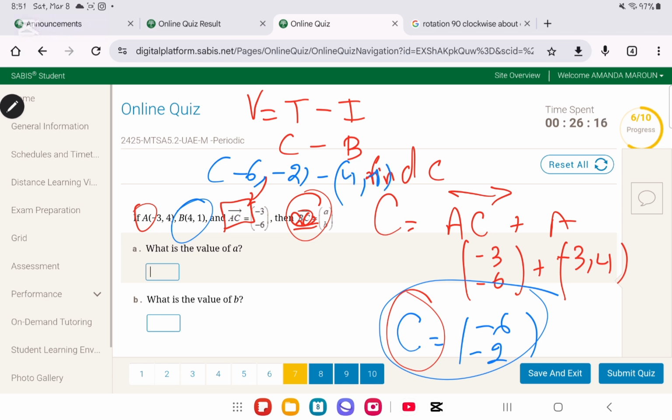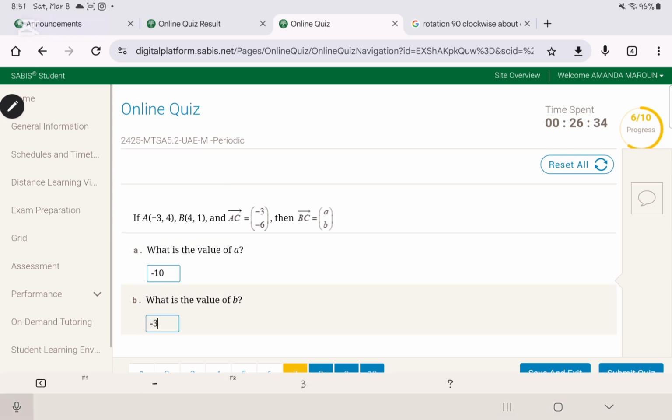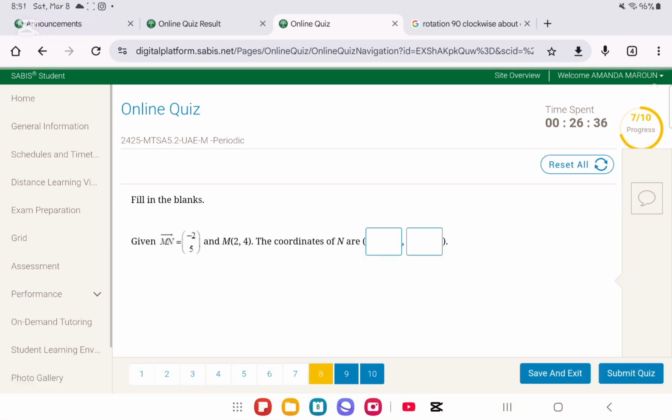So you're going to subtract: -6 minus 4, you're going to get -10. -2 minus 1, you are going to get -3. So just like that, the value of a is -10 and the value of b is -3. We move on to question number 8.